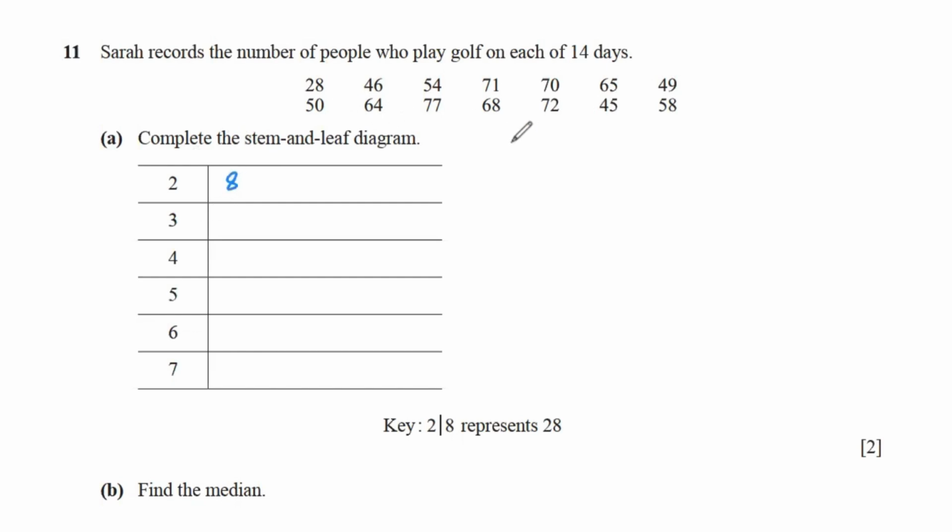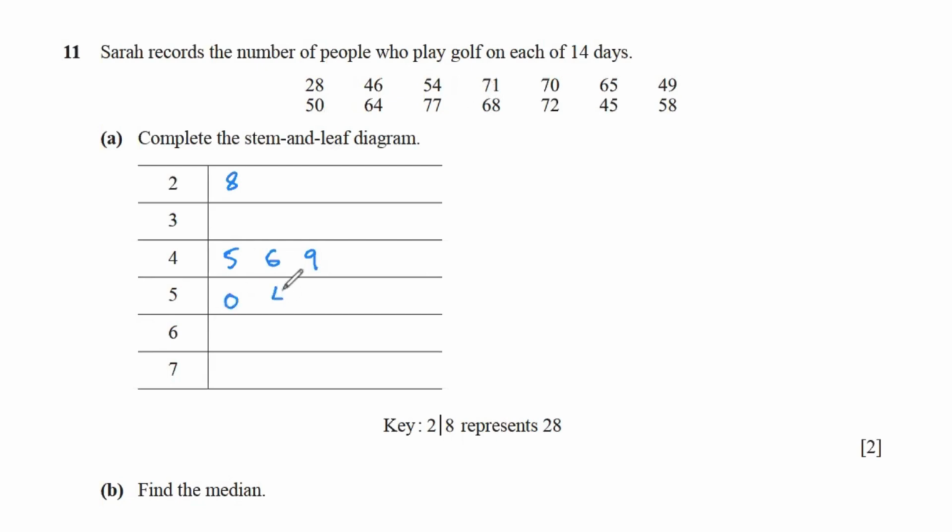For 30s, there's nothing, so we don't write anything over here. For 40s, we have 46, 49, and 45. So we write in ascending order 5, 6, and 9. Then for 50s, we have 50, 54, and 58.